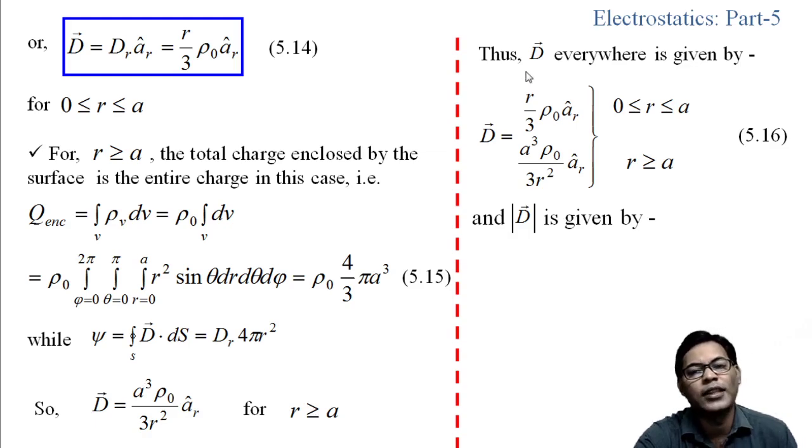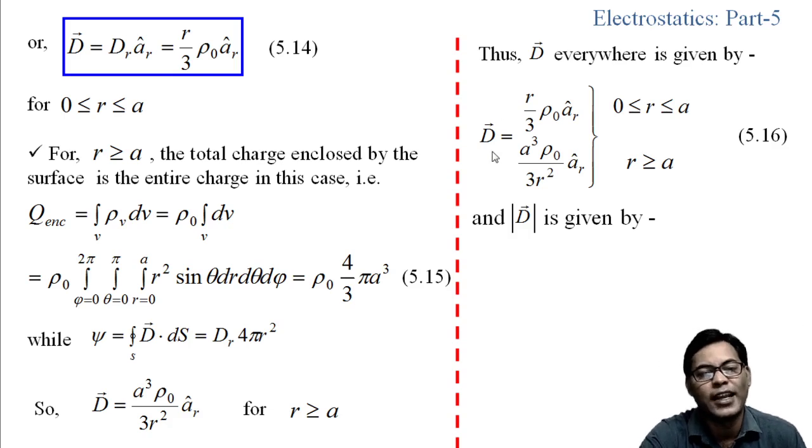Therefore, finally, the expression we get is D equals r by 3 rho naught a_r for r varying from 0 to a, and for the second case, we get a cube rho naught by 3 r square a_r when r is greater than a.